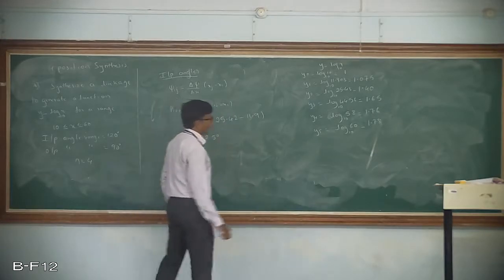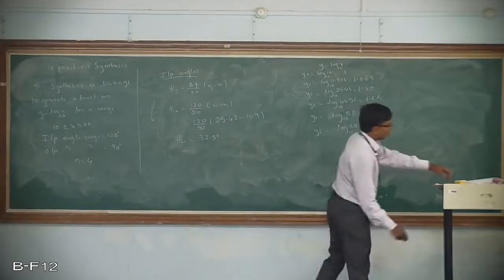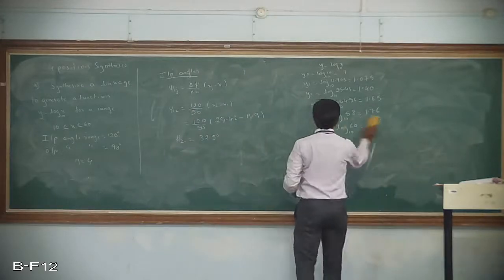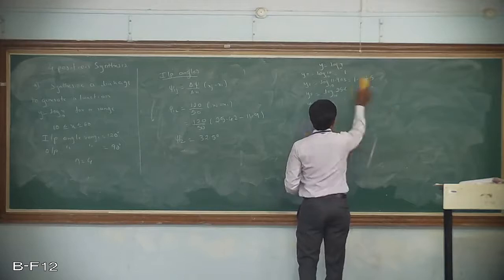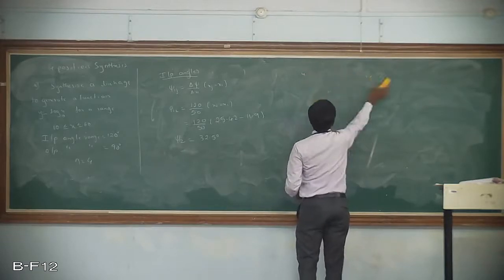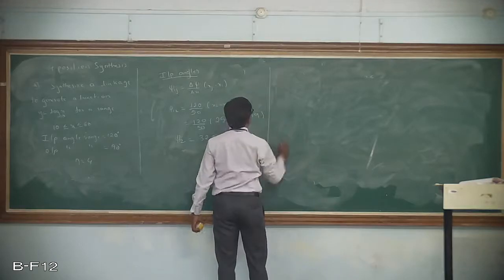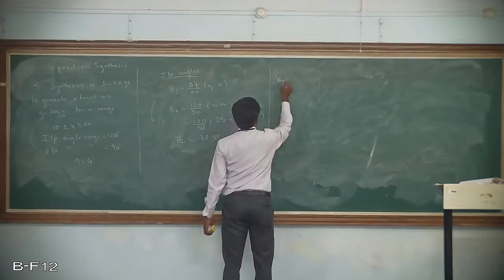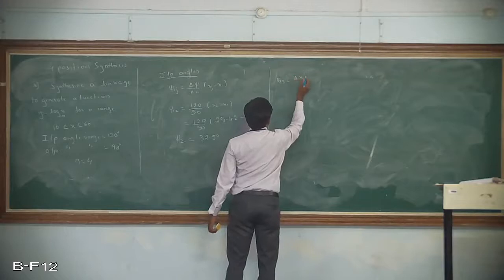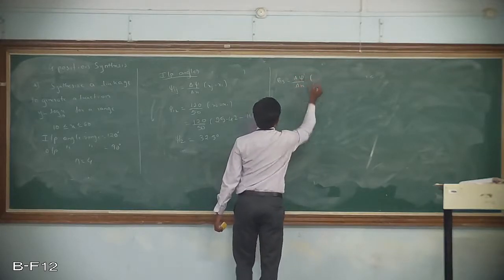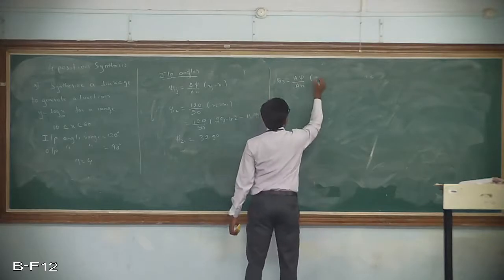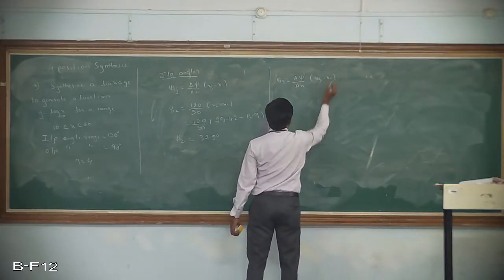So similarly, you have to find out xi13 and xi14. So you will be getting the input angles. xi13 will be delta xi upon delta x into x3 minus x1.